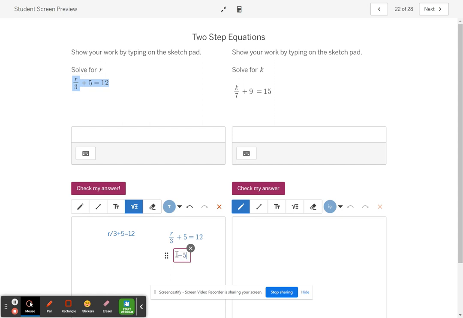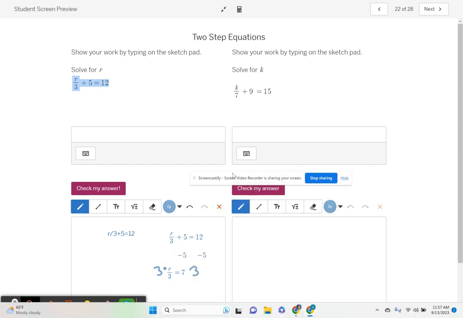So then minus 5, because to undo adding, we subtract. So then R divided by 3 is left. And then 12 minus 5 is 7. And then here, if you want to do times 3 on both sides, you can just write it. Kind of doing a times 3 with a mouse is less difficult for some of you.